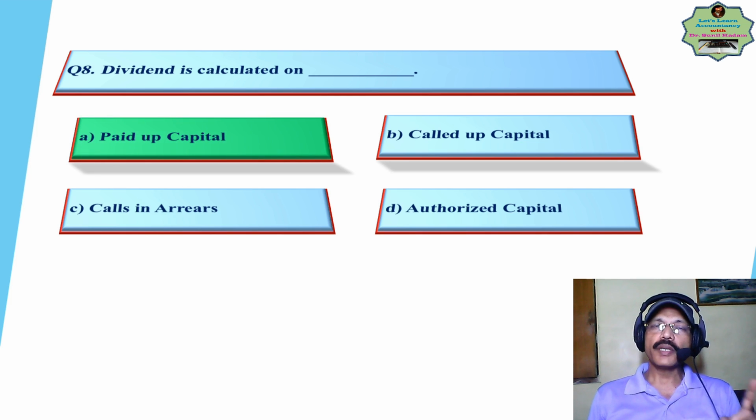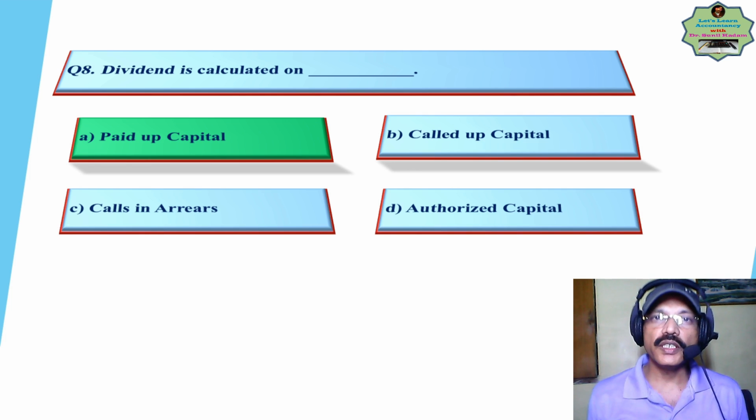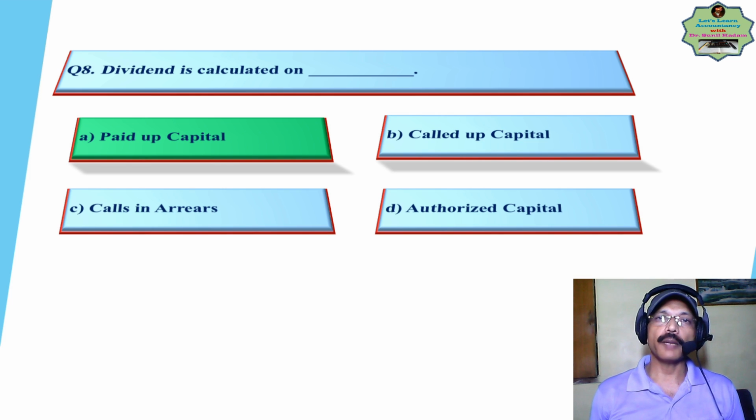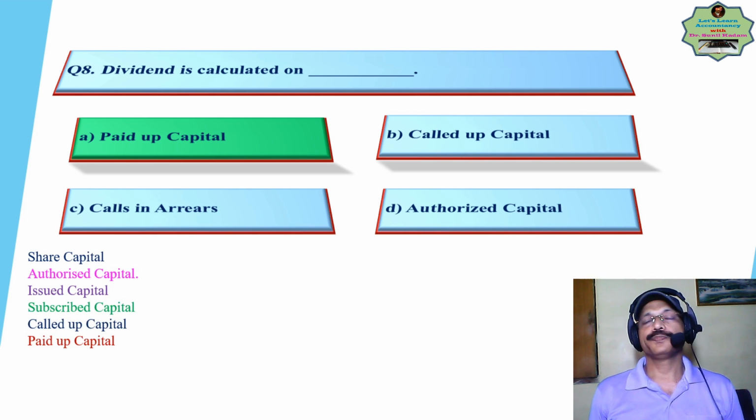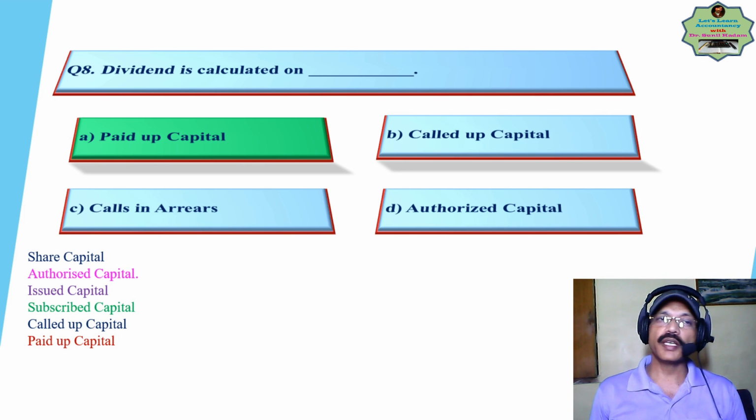At the time of preparing the balance sheet also, if an adjustment is given that the proposed dividend is so and so, you have to calculate that dividend or proposed dividend on paid up capital. That's why, as we have already discussed, what is authorized capital, then issued capital, subscribed capital, called up capital, and paid up capital.